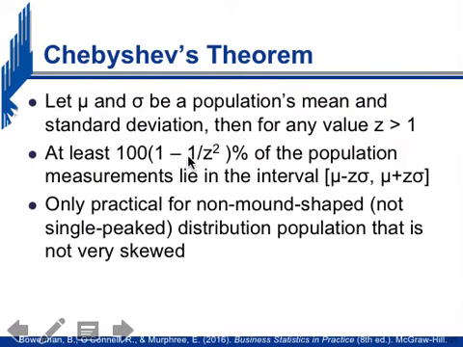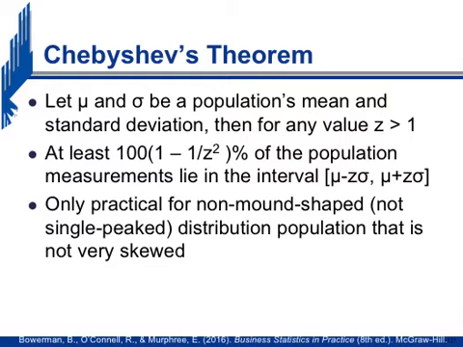So this is the approximate percentage of measurements inside that interval. So at least this percentage is the percentage of measurements within this interval. Now again, although this can be used for any dataset which is not normally distributed, this is ideal only for datasets that are single peak.